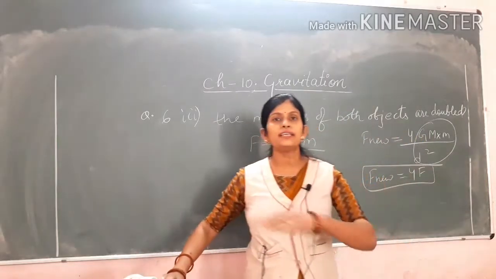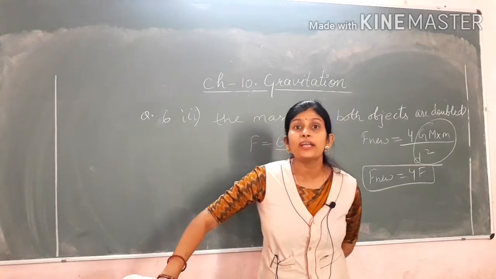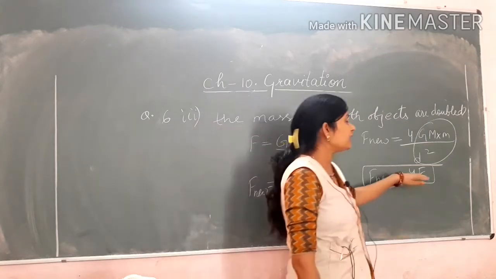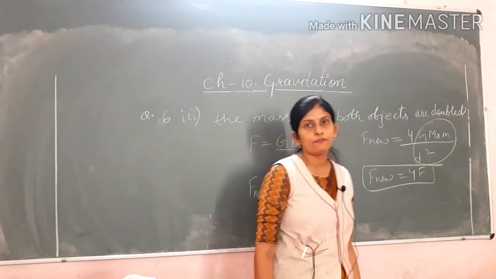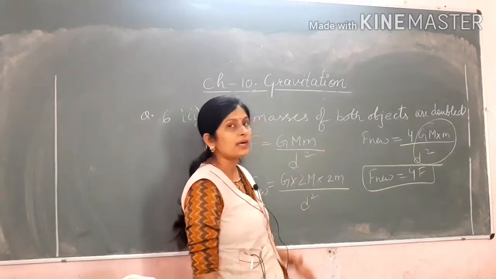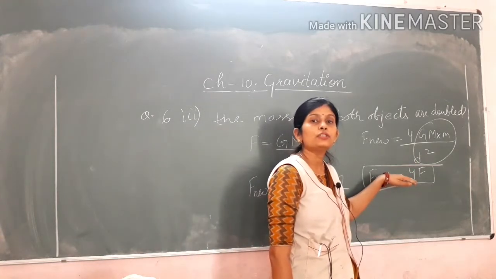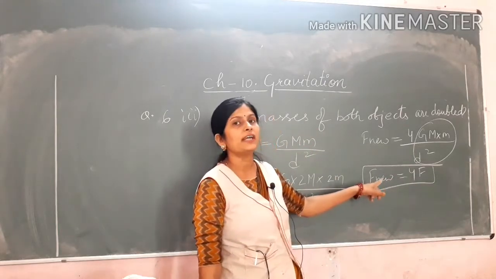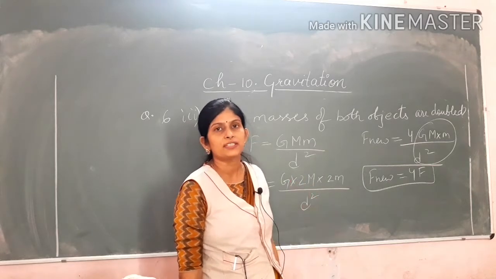So, in all these parts and questions, you have seen that as you increase the mass, gravitational force also increases, and if you decrease the mass, gravitational force also decreases. It means gravitational force is directly proportional to the product of the masses of two objects.